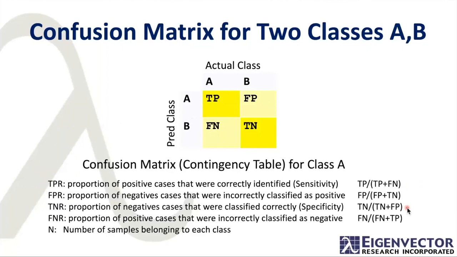If it's most important to you to identify all the positives, you want the true positives to be large. Or maybe you want to guard against false positives, so you would look at that rate. Okay, let's go to the next slide.